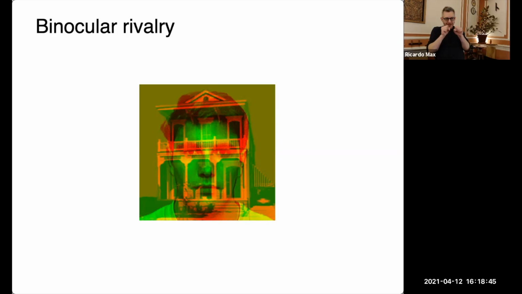It's a strange feeling. You can either see the face or the house. In the beginning, you cannot control it. And at a certain point, you can even control which eye is dominating the perception, but you cannot fuse them together.